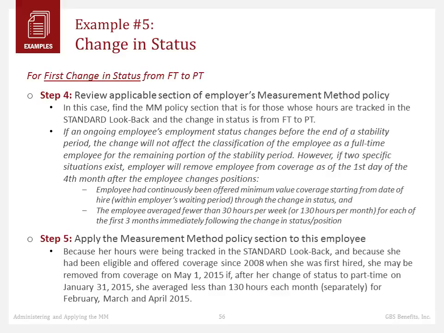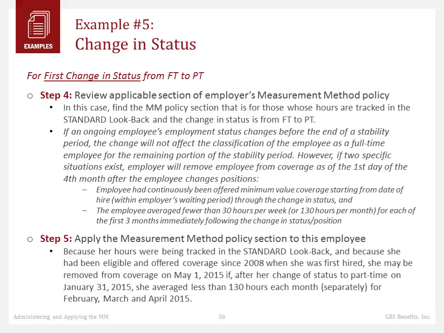Step 5, because her hours were being tracked in the standard look back, and because she had been eligible and offered coverage since 2008 consistently since she'd been hired, she may be removed from coverage on May 1st, 2015 if, after her change in status to part-time on January 31st, 2015, she averaged less than 130 hours for February 2015, for March 2015, and for April 2015.